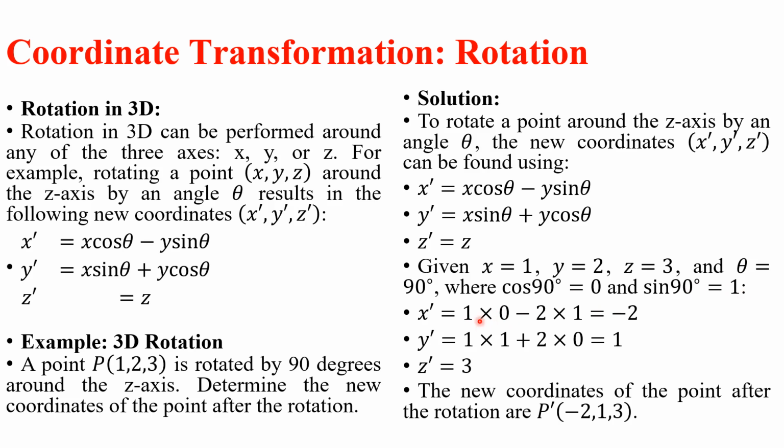Plugging all these values into the equation will show that x prime equals -2, y prime equals 1, and z prime equals 3. Of course, z remains unchanged. So the new coordinates of the point after the rotation are P prime equals -2, 1, and 3.